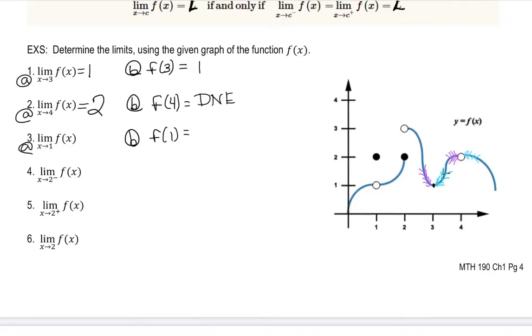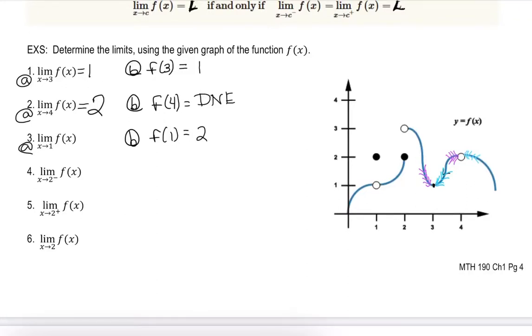All right, let's look at the same thing here at f of 1. So f of 1, the good old pre-calc question, where is the point defined, if anywhere? Oh yeah, this point's defined. There's a big dot up there at 2, so f of 1 is equal to 2. But once again, the limit question is something very different.